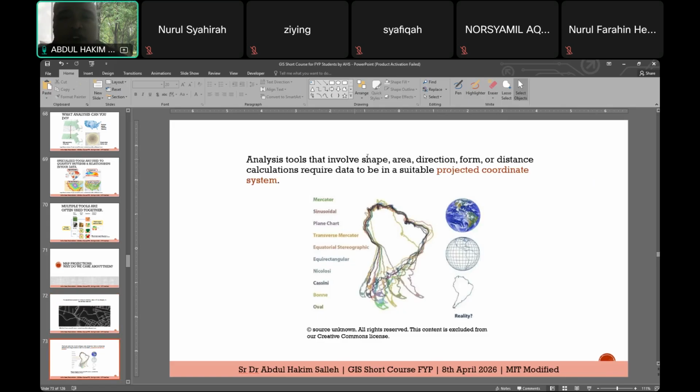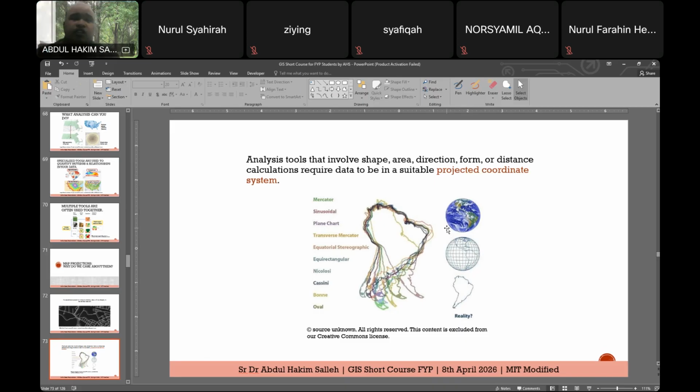Analysis tools that involve shape, area, directions, form, or distance calculations require data to be in a suitable projected coordinate system. Of course, the Earth is huge. There are a lot of coordinate projections available. You must identify which one is the best to be used for that particular area. Okay.